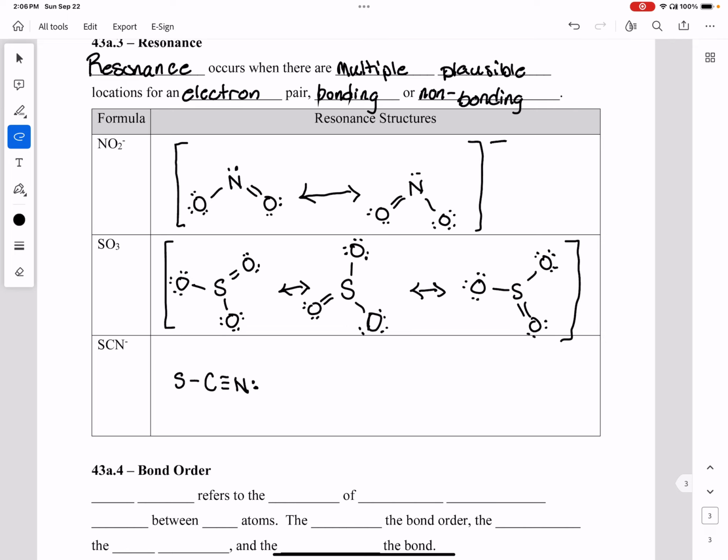Okay, so this is one option. Carbon is okay. It has four bonds. Nitrogen is okay. It has three bonds and one lone pair. And sulfur is okay. It has one bond and three lone pairs.